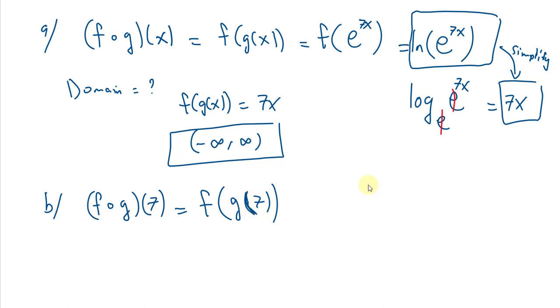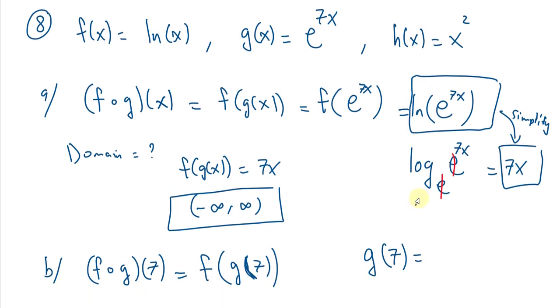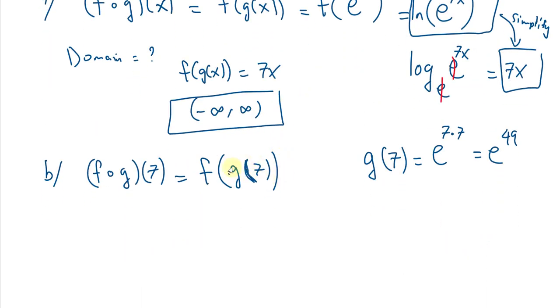First, g of 7. So go back to function g. g of x is e to the 7x, so g of 7 is e to 7 times 7, because your x now becomes 7. So e to the 7 times 7 is e to the 49. So g of 7 is e to the 49.